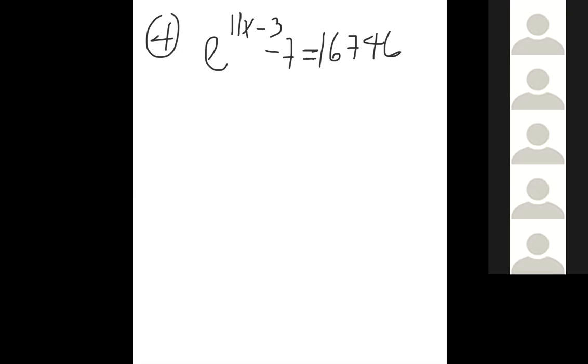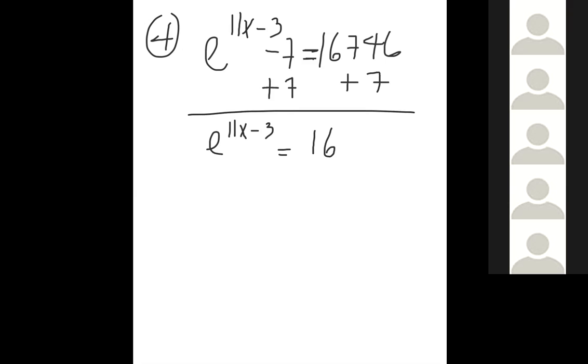Okay, guys, let's do this one. We're going to isolate that exponential term. So you get e to the 11x minus 3 is equal to 16,753. Then we take the natural log of both sides.